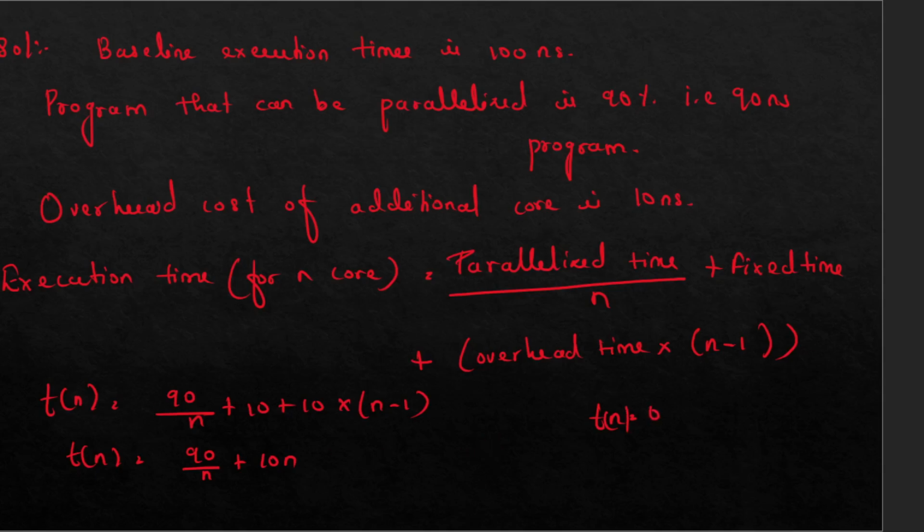So the equation will be minus 90 by n square plus 10 equals 0.